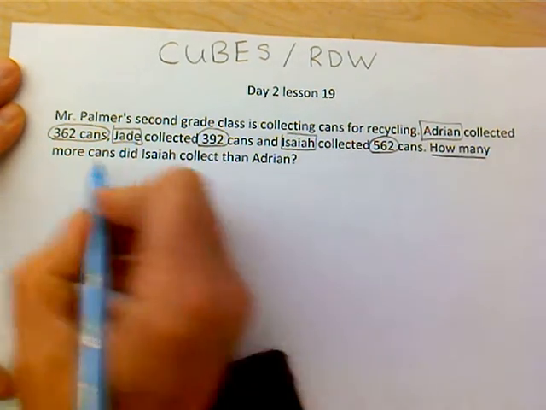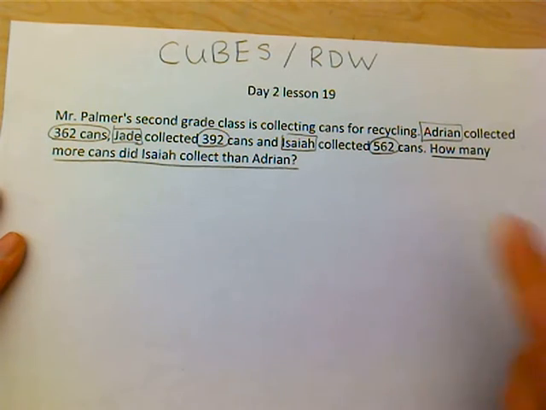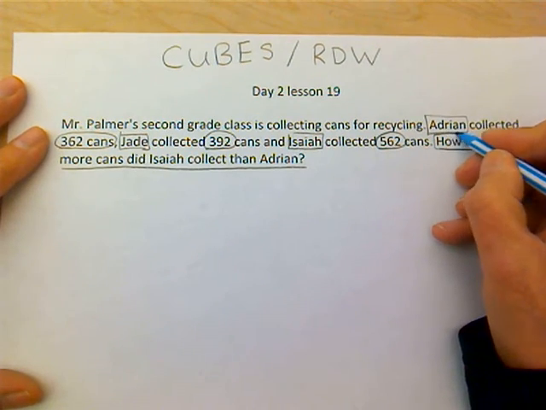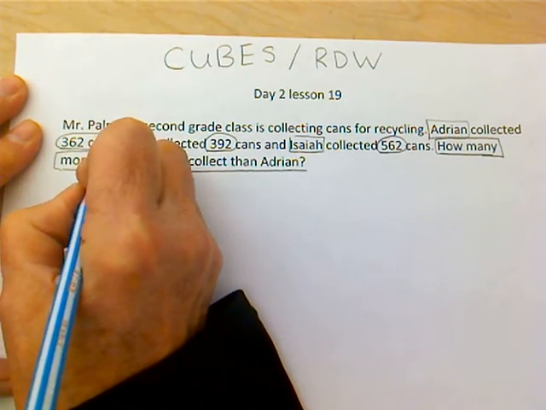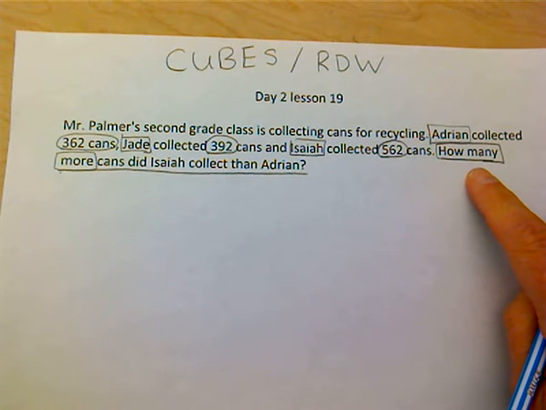How many more cans did Isaiah collect than Aiden? I've underlined my question, but there are keywords in my question that I should box. We have "how many more" again. That usually means we're going to be comparing 2 numbers and finding the difference between those 2 numbers.